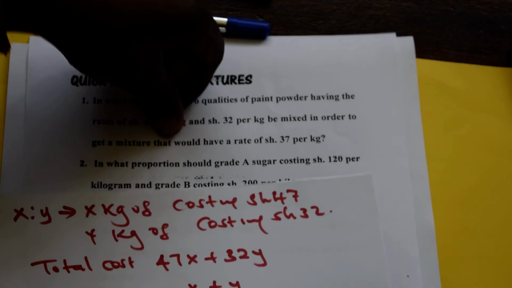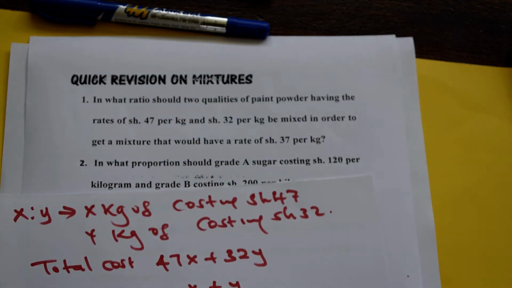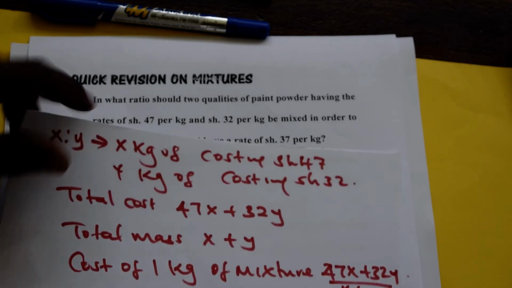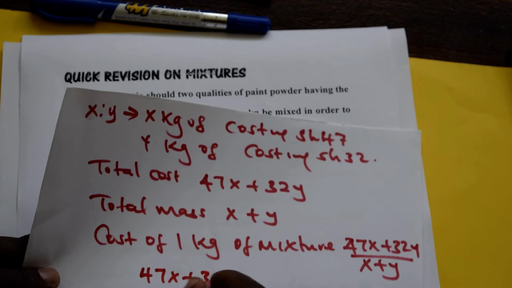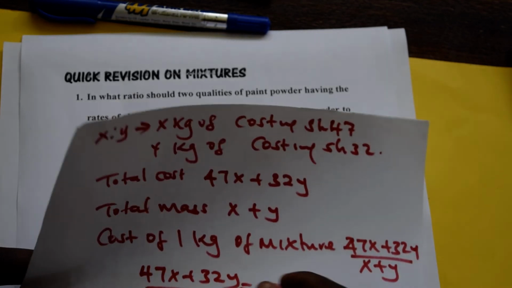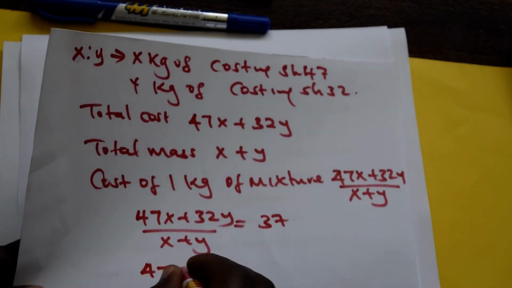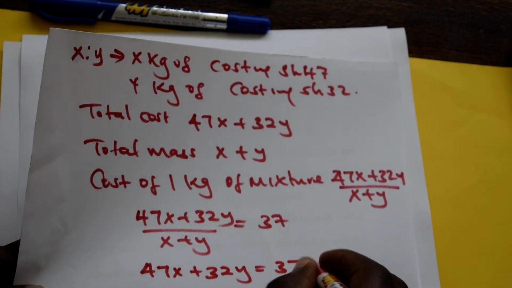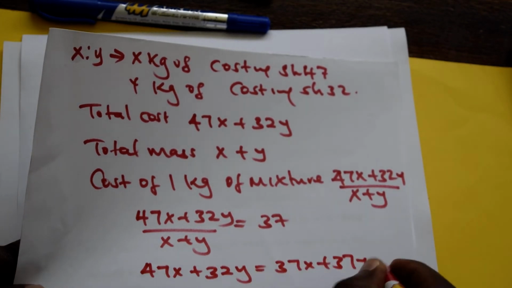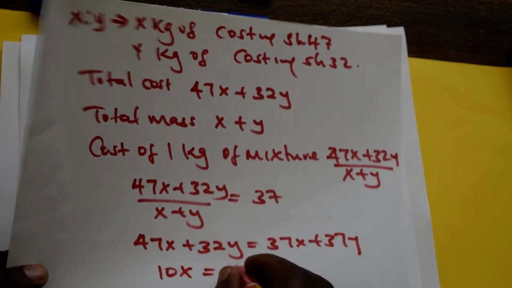And in the question we have been told the rate at which the mixture would cost, that's 37 shillings. So when we divide these two, we should be able to get that 37 shillings. So 47x plus 32y over x plus y should give us that 37. So if we arrange this one, we get 47x plus 32y is equal to 37x plus 37y. So we are going to have 10x is equal to 5y.